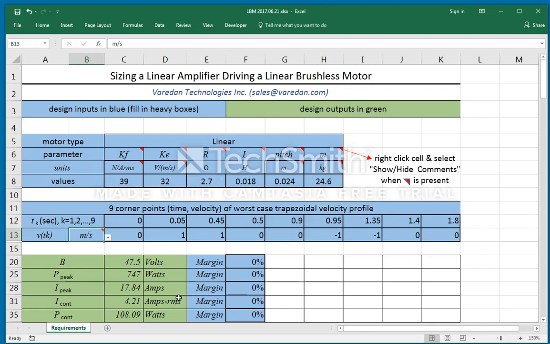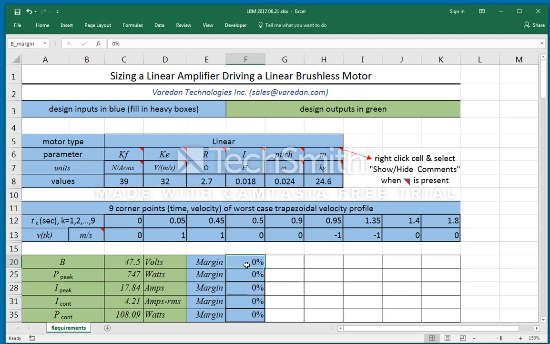With these inputs, the spreadsheet computes the key amplifier requirements that we transmit to Varedan for selection of an amplifier. And a lot of times when we do a design, we might enter a margin so we can allow for errors and so forth.